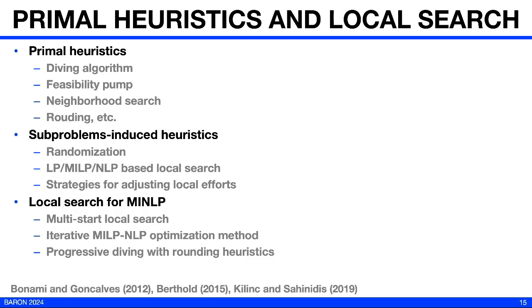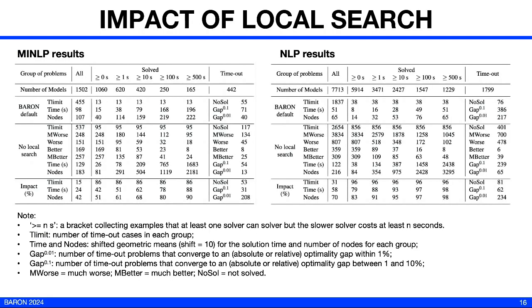By doing this, we normally see a better upper bound just at the root node. So that provides a very good starting point for the entire branch and bound. Here we evaluate the impact of local search, and you will see that the impact of local search is more obvious for the NLP library, and it only decreases 88% of the solution time for the MINLP library.